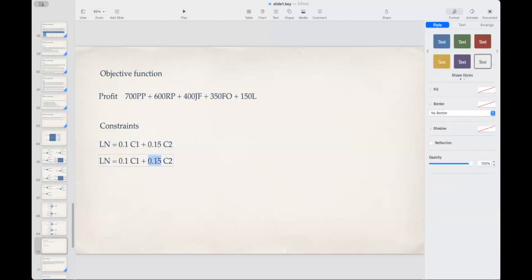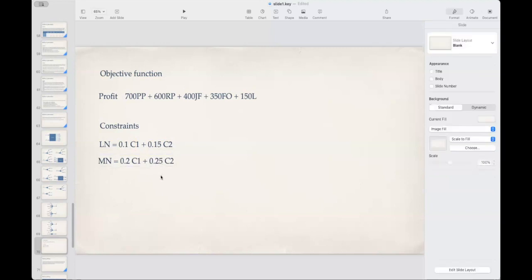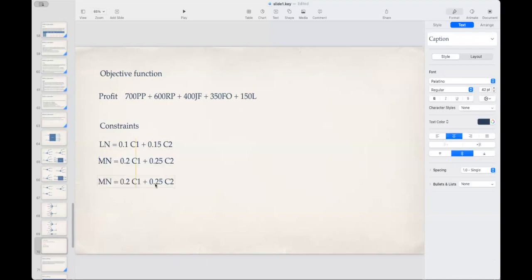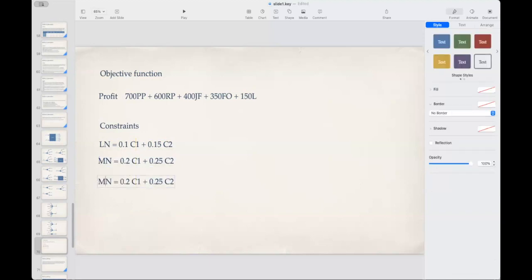What about the next one? Mn. You have to look at the slide and tell me. 0.2 C1, 0.25 C2. Okay, good. What about heavy naphtha, HN?